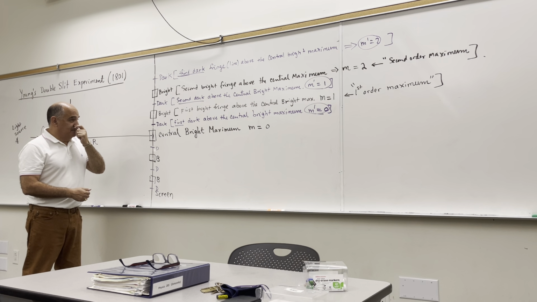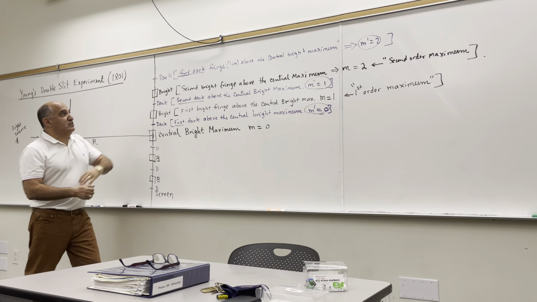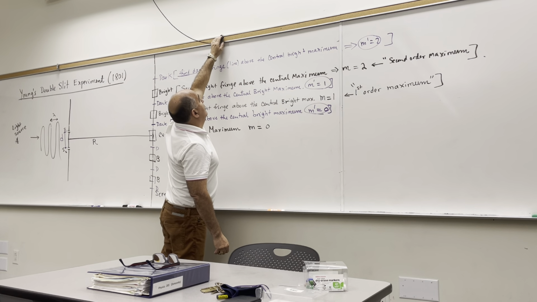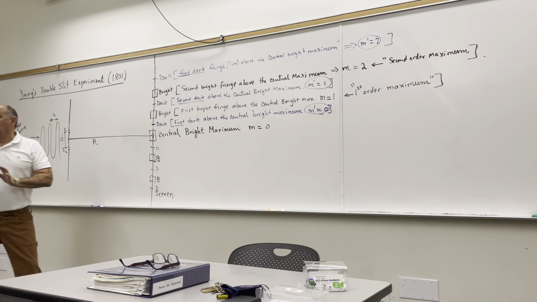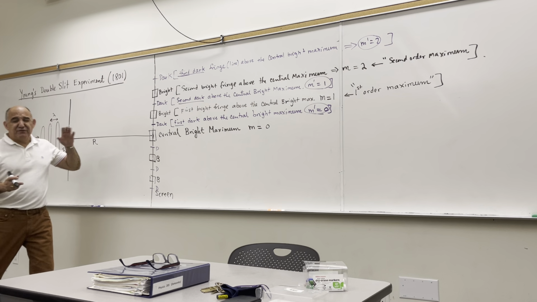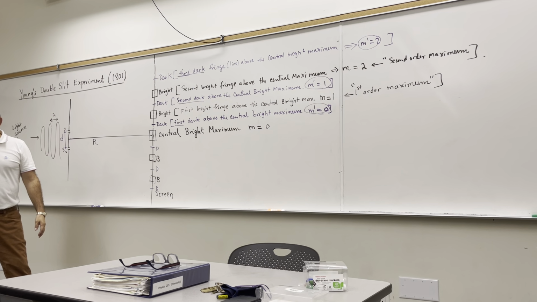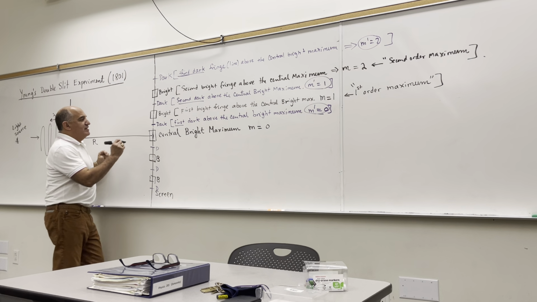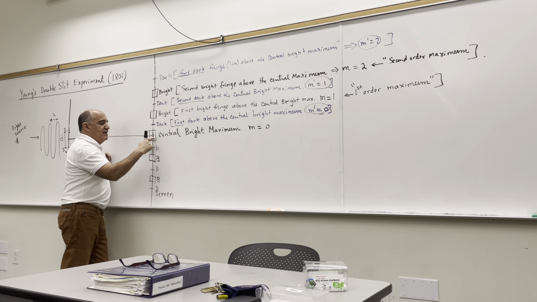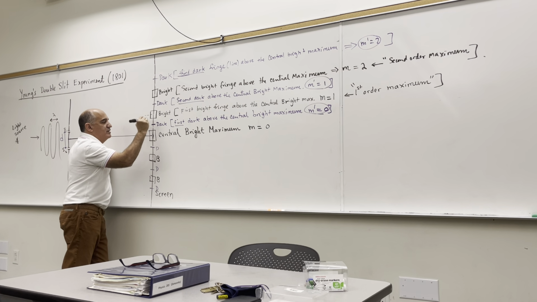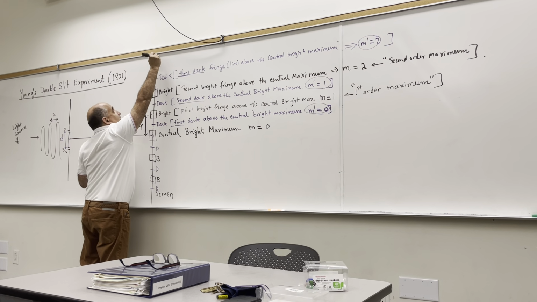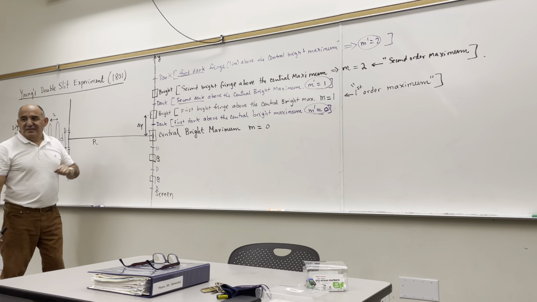And I want you to notice something. The distance that you really need to know, because you have complete symmetry on the screen, is the distance between this bright and the one next to it. Let's call it delta y. I'm thinking of this like a y-axis, right? Let's call that distance delta y.